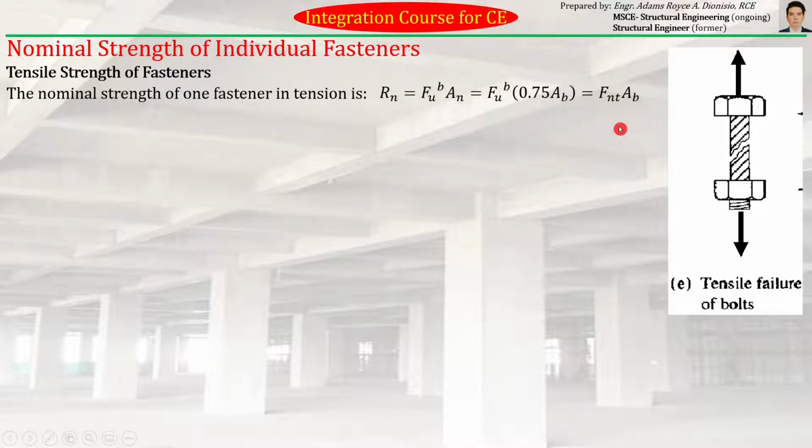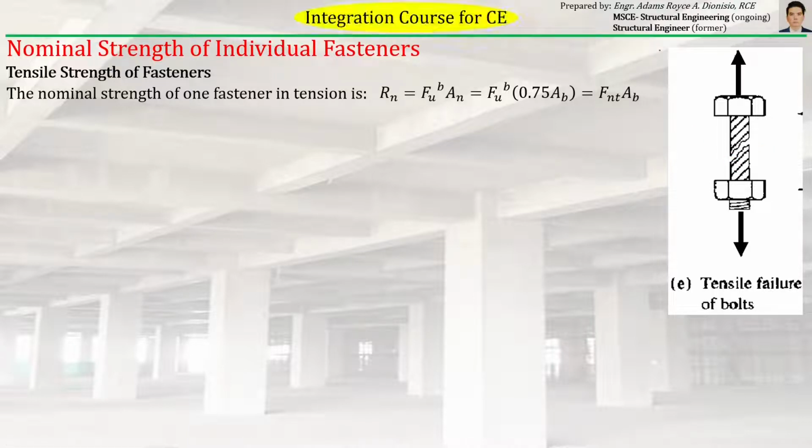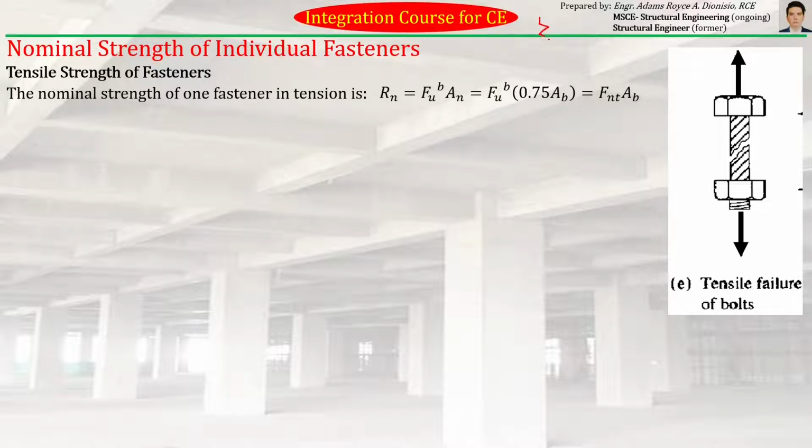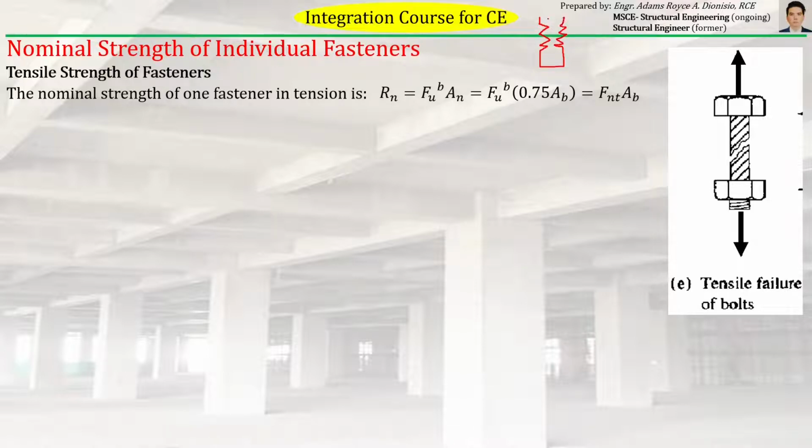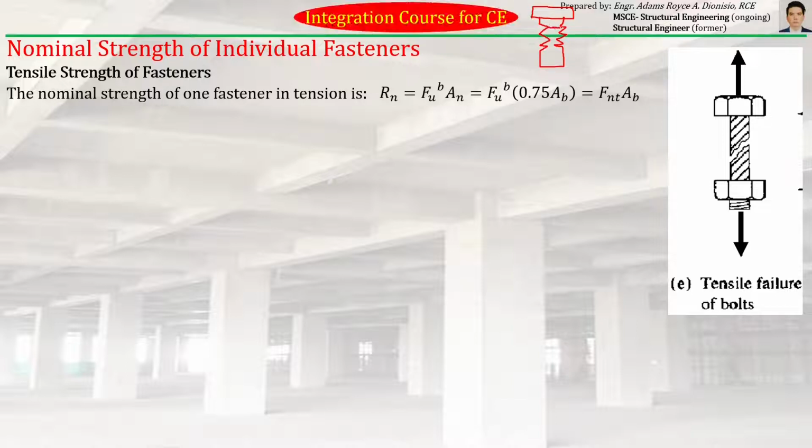Yung net area kasi ng bolt, kung mapapansin nyo kasi yung bolt, meron siyang threads. So kung titignan mo yung bolt sa zoomed area, parang ganito yung itsura niya. Nung some portion ng bolt natin, parang ganyan. So when we say net area, yun yung area na to, yung dun sa may part ng thread.